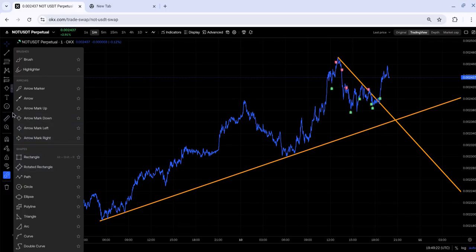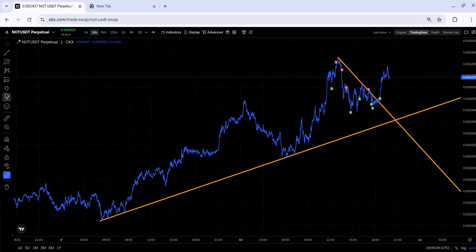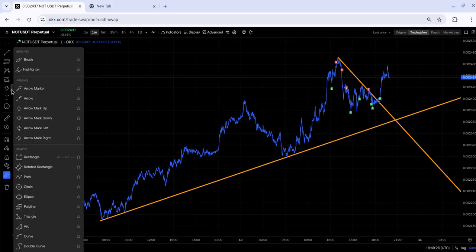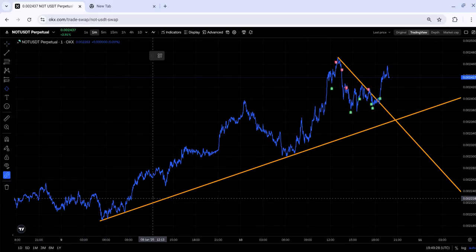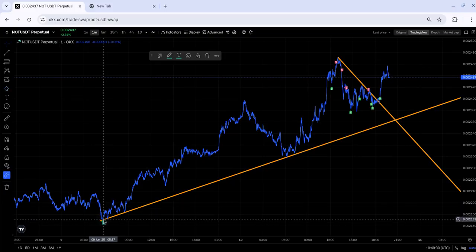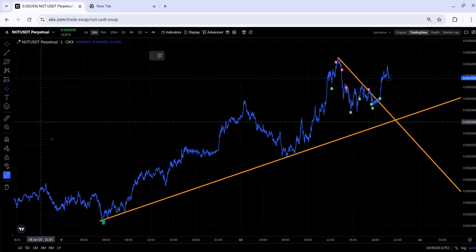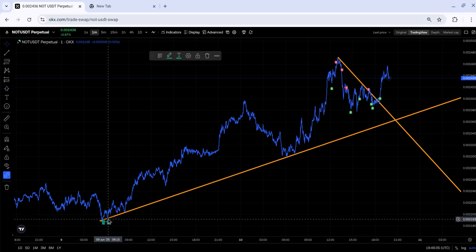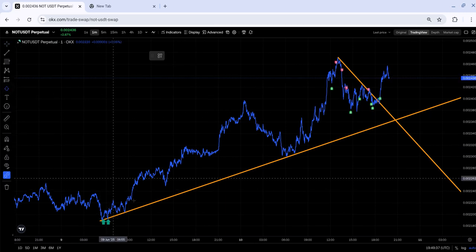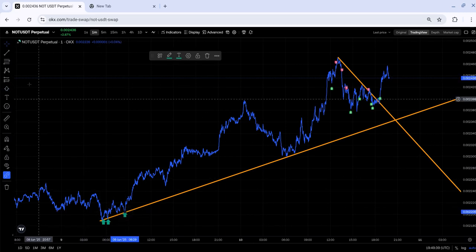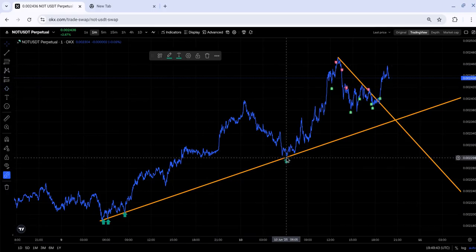Now it is going to look upward, this one. So that's why I put some touch points here. For the second touch points, you can put another touch points.